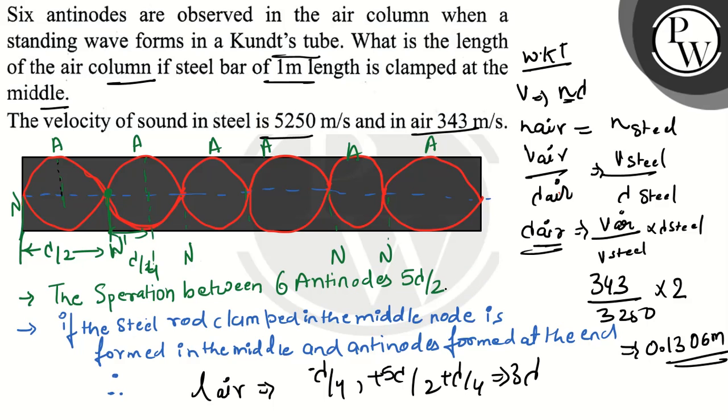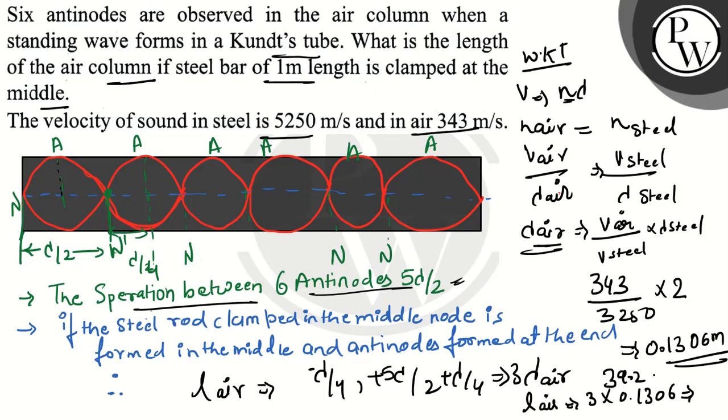You can watch it previously. So put the value of lambda air which we have found, and you will get L air. So L air is equal to 3 into 0.1306, which comes out to be 39.2 centimeter.